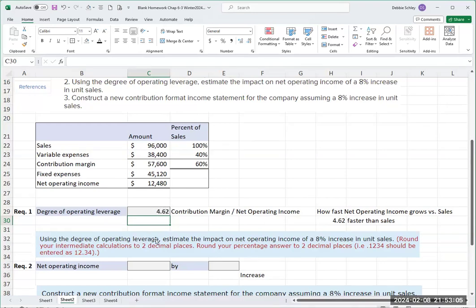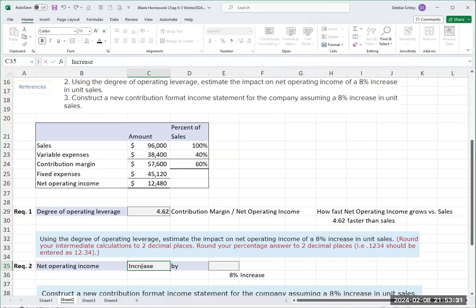Remember, we just figured out, estimate the impact on net operating income of an 8% increase in unit sales. So I'm going to put 8% right there just so that I can reference that number. Obviously, if sales are going to increase, then net operating income is going to increase.